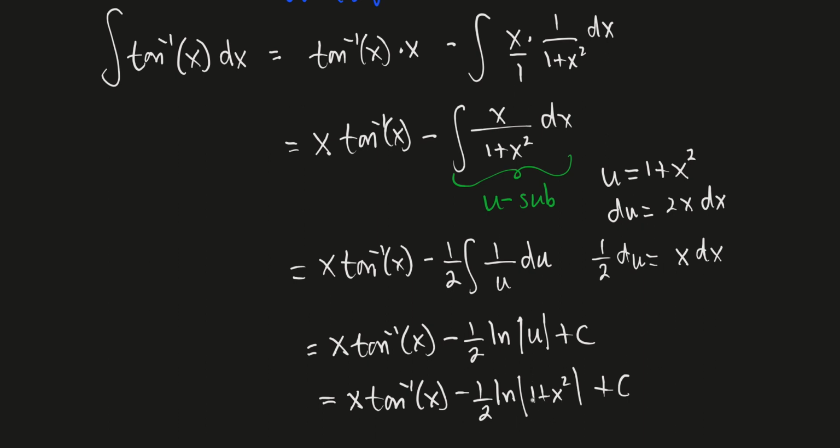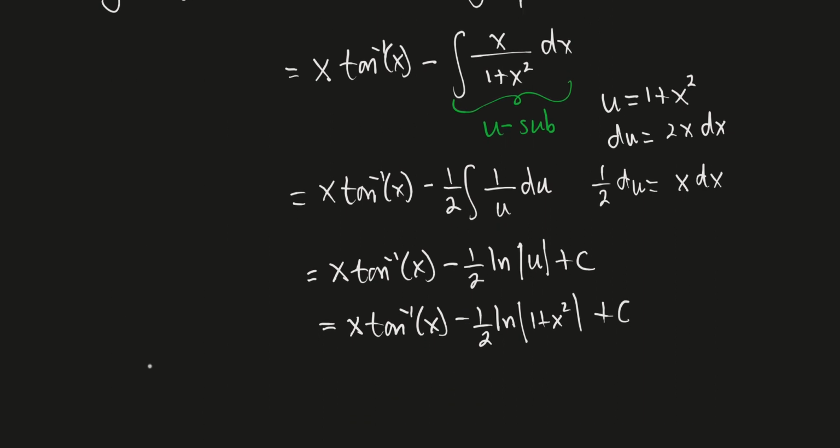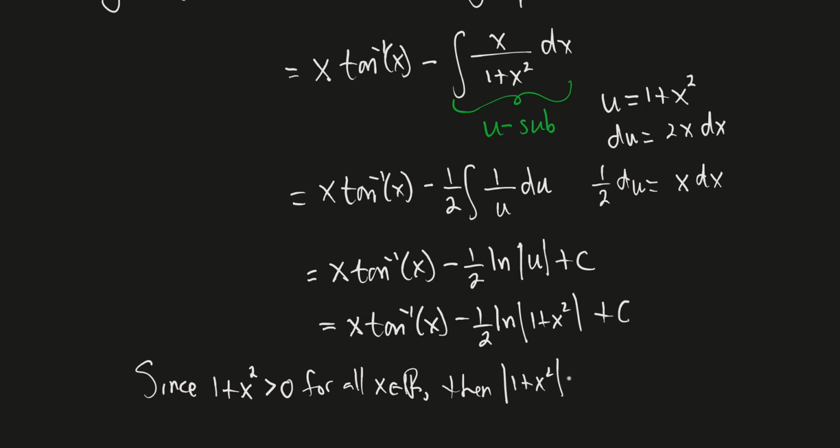So in other words, 1 plus x squared is greater than 0 for all x in the set of real numbers, right? Then the absolute value of 1 plus x squared is the same as 1 plus x squared.